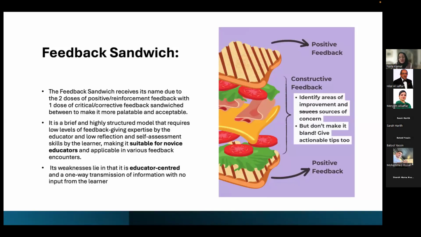It is important to make sure that the message in the middle, where there is a lapse in performance which needs to be corrected, is emphasized. Some people say this is mollycoddling, you're trying to muffle up what actually needs to be said.